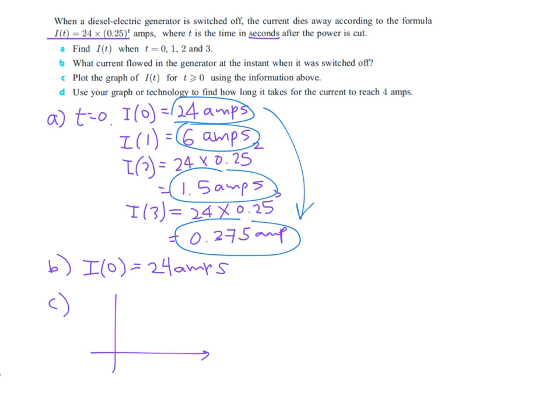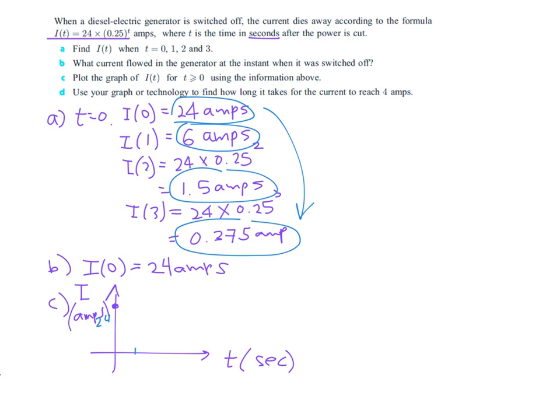So on the x-axis, we're going to have t in seconds. And then on the y-axis, we're going to have I, which is amps. It first starts off at 24. And then it decreases in value.